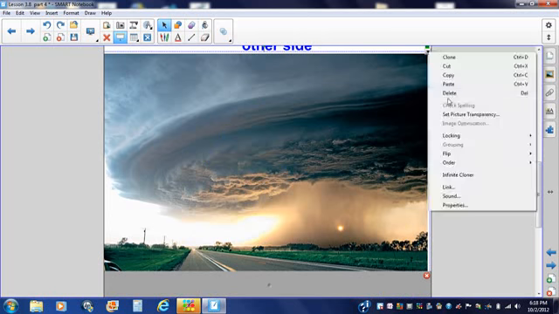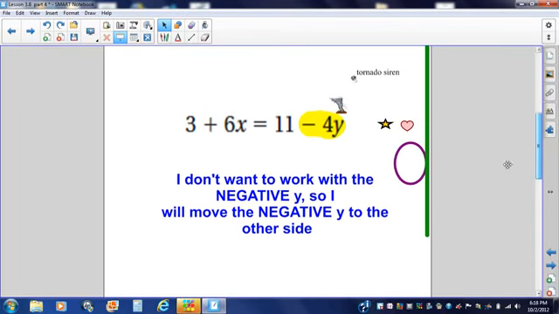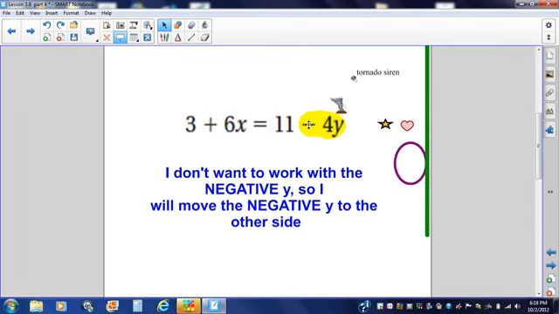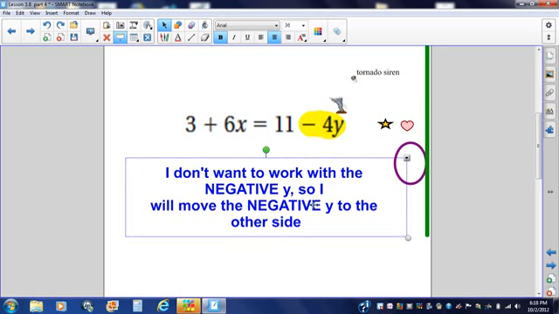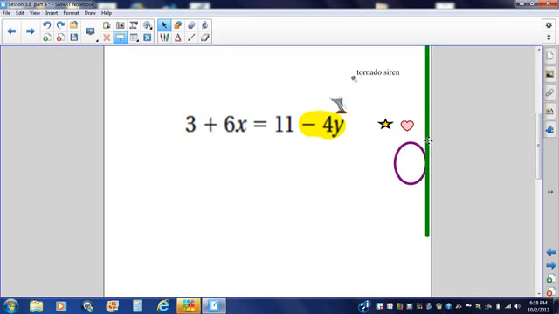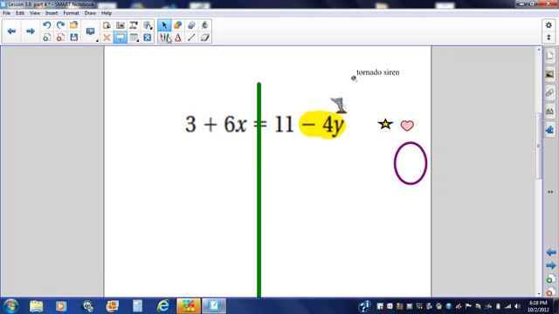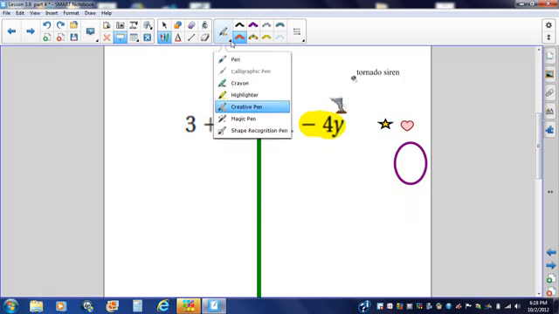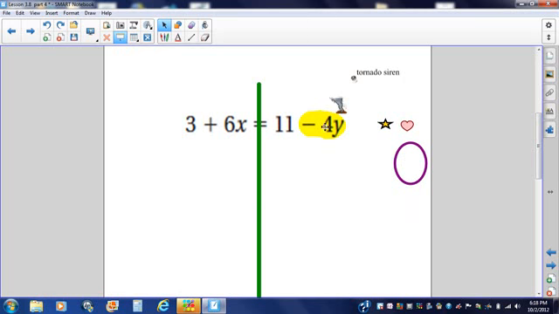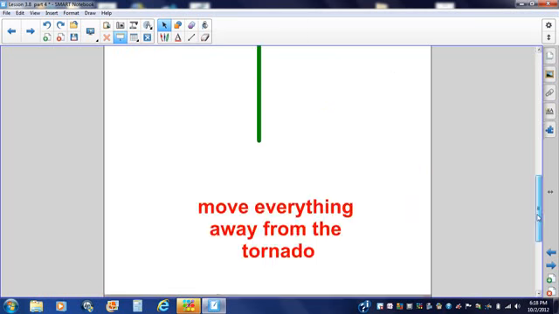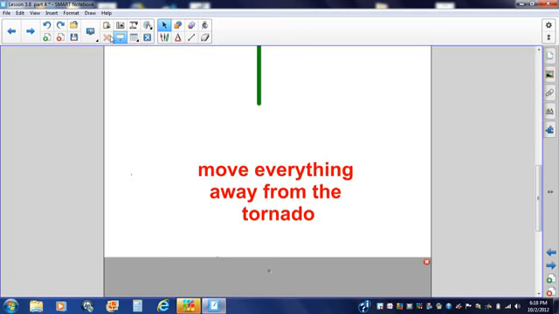So I'm thinking, since I don't want to work with the negative 4y, I will move the negative y to the other side. Not the only way to do the problem, but that's the way the crazy math teacher is going to do it. Now, Mr. Phillips, you can't move the tornado across the line. Sure you can.